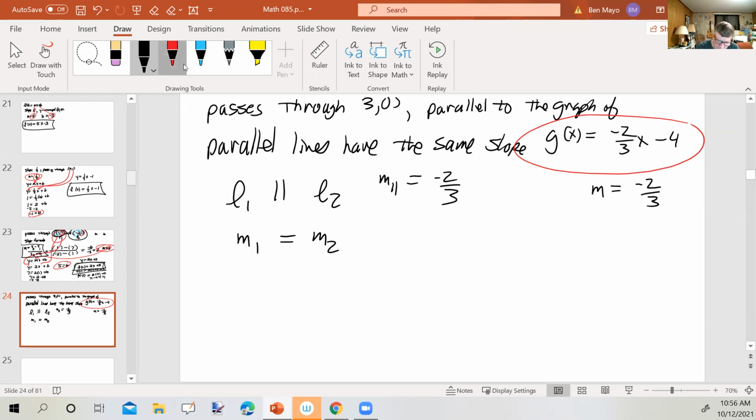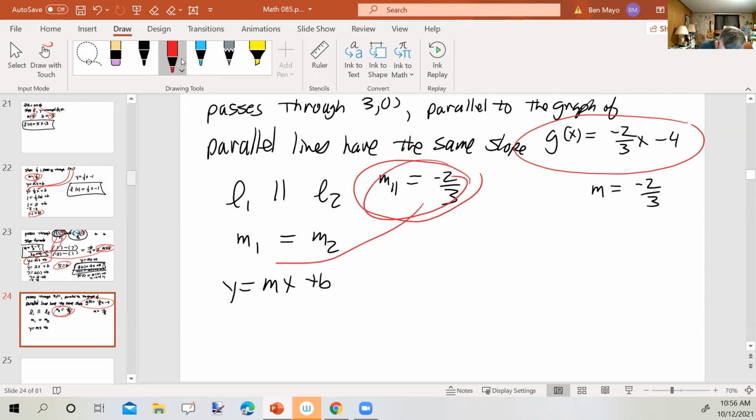Okay, so I know the slope of the new line. So y equals mx plus b. The slope is negative 2/3. Y equals negative 2/3 x plus b. The only thing I use from that g of x function is the slope, not the y-intercept.